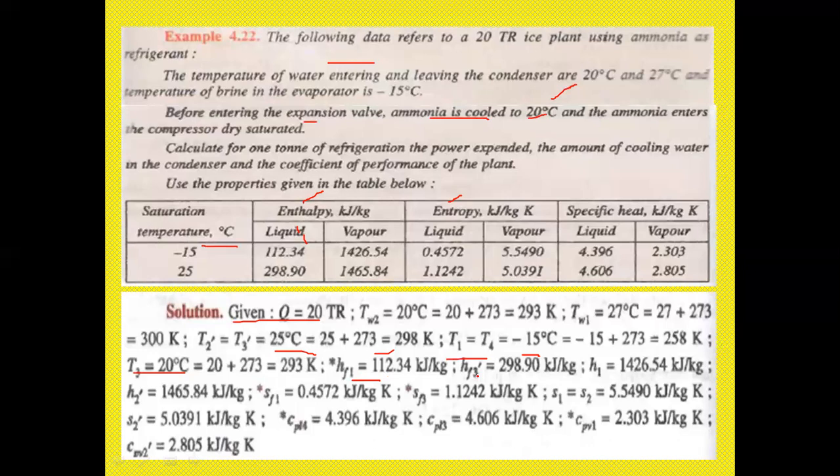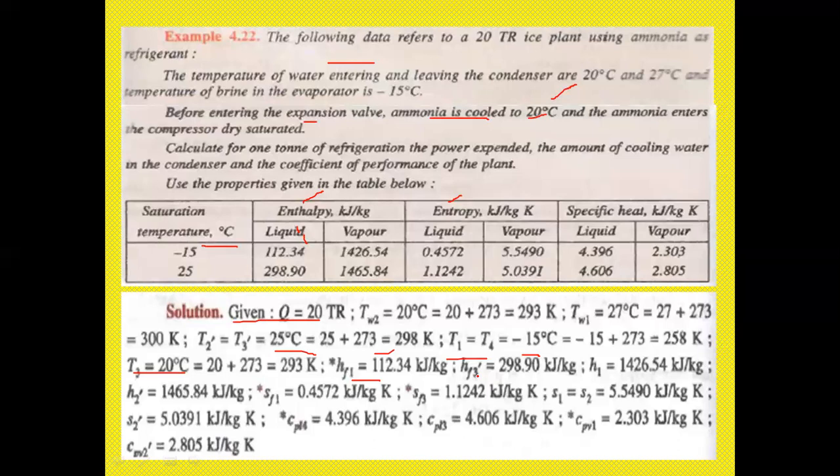H1 is equal to 1426.54. H2 dash is equal to 1465.84, and SF1 is equal to so and so. S beta is equal to 1.124 kilojoules per kg K. That implies S1 is equal to S2 is equal to 5.5949 kilojoules per kg Kelvin.